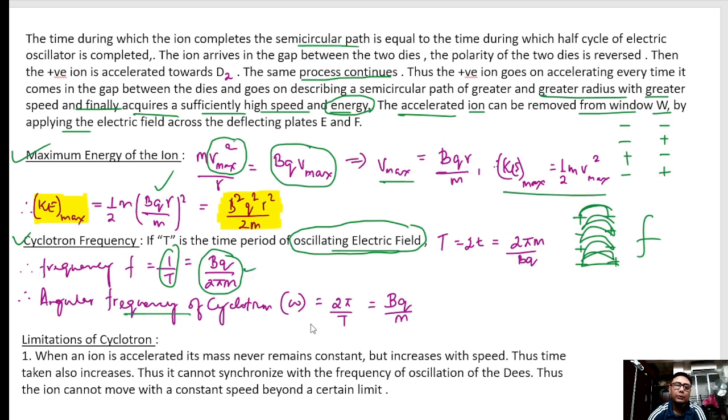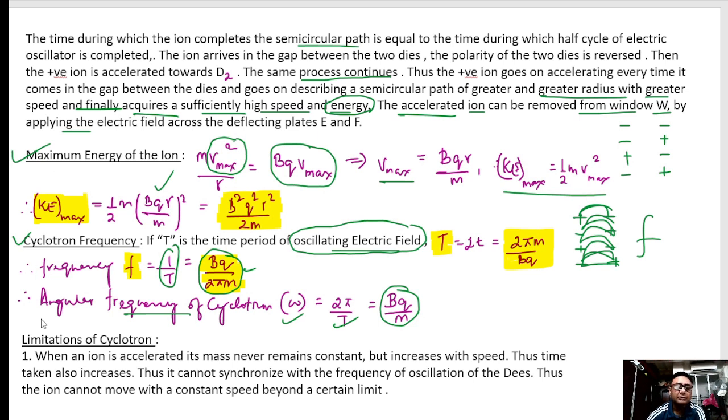Now angular frequency omega is 2 pi by T, which should be this. Please note, this is the frequency of oscillation of the electric field in a cyclotron, and this is the time period of oscillation of the electric field.